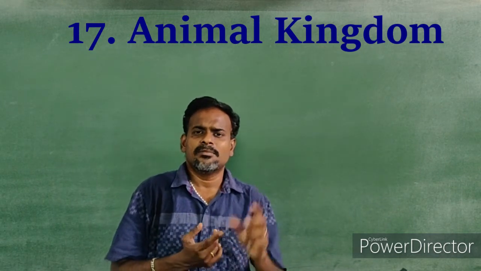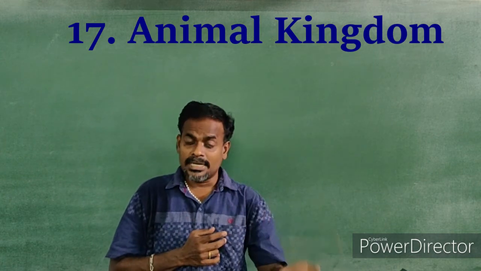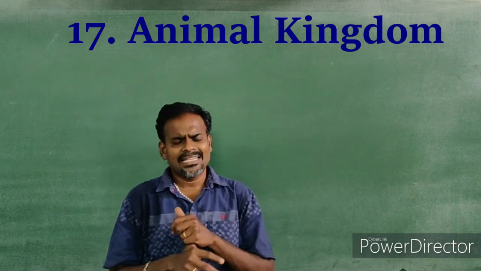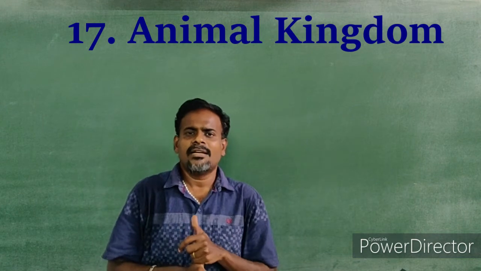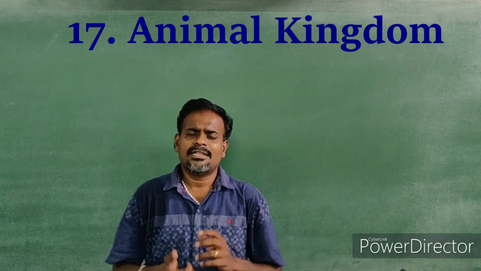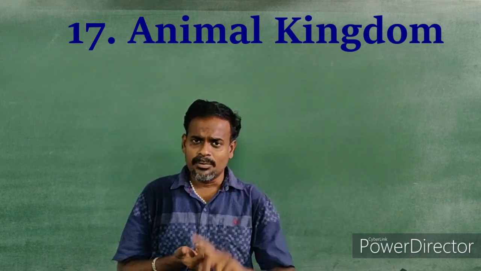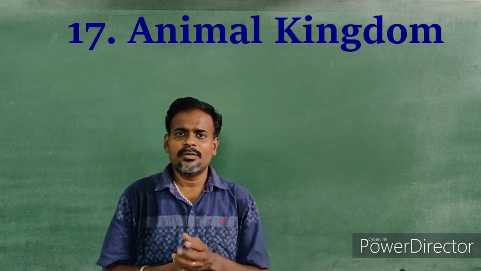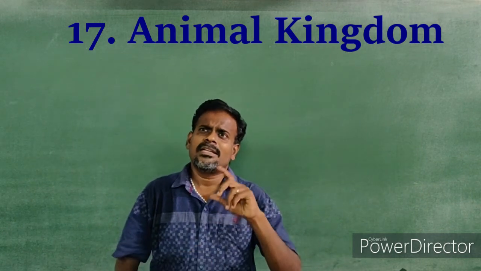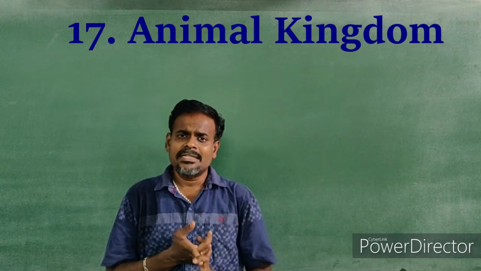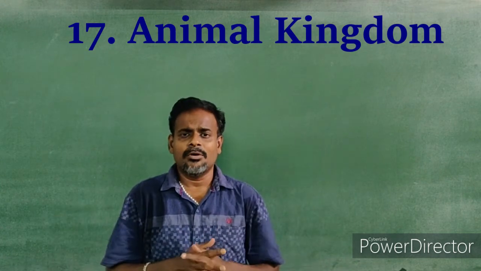Next, class Aves, which includes all kinds of birds, and class Mammalia, which includes all mammals. That is, mammals are animals which give birth to young ones and feed them with milk. With regard to Aves, that is birds, they have feathers on their body.